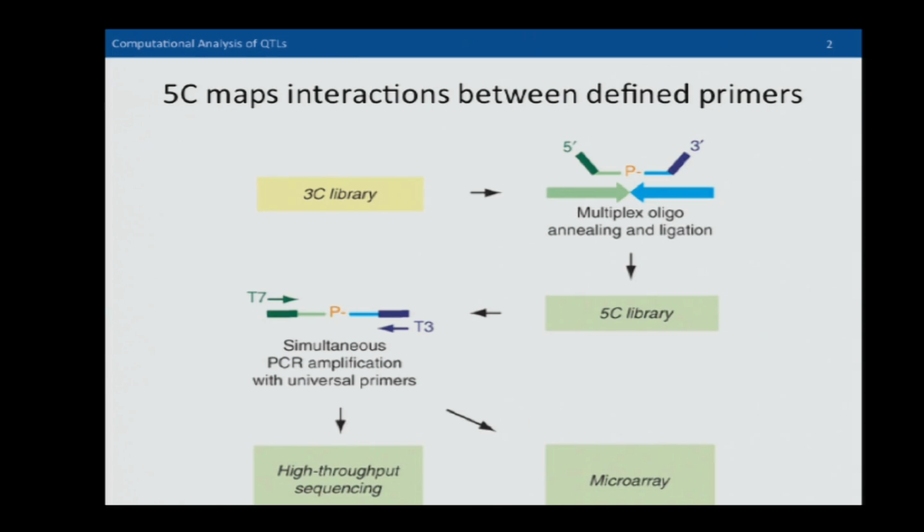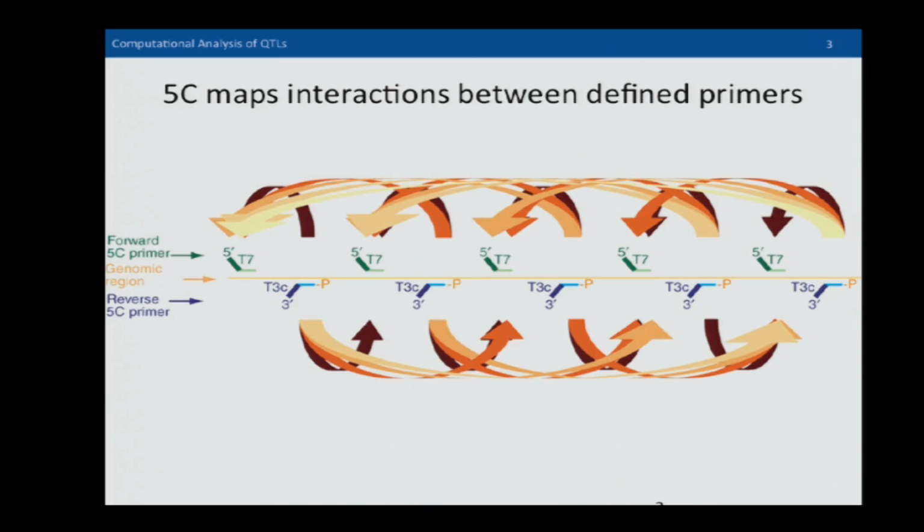So 5C is a method of looking at which regions of the genome interact and can produce these sorts of results showing which parts of the genome interact with one another. The key difference, I think, between ChIA-PET and 5C is that you actually have to have these primers designed and pick the particular locations you want to query.